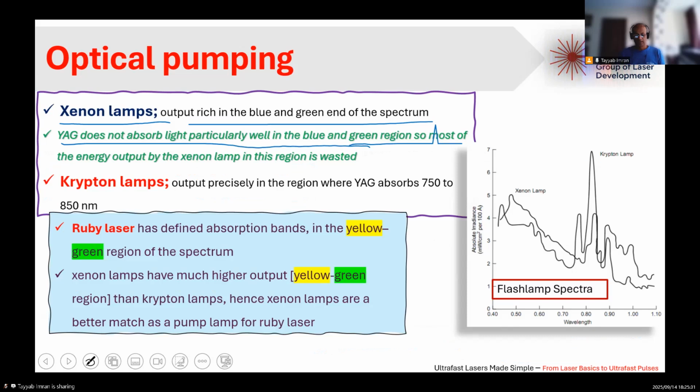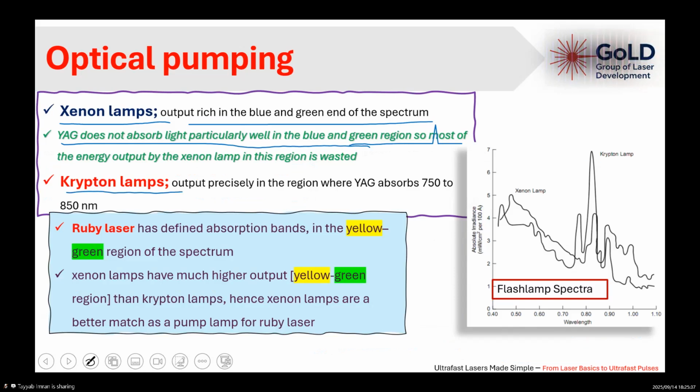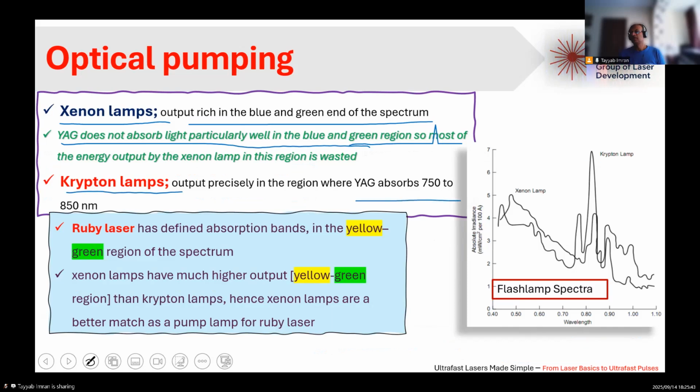On the other hand, krypton is another flash lamp, and it emits light, with output around 750 to 850 nanometer.